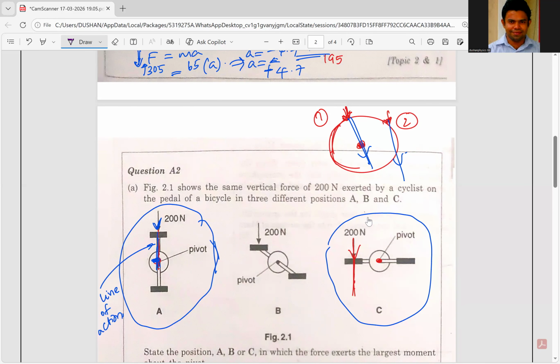Okay, sir. Okay. Now I'm asking a simple question. What is the distance from the pivot point to the line of action in figure A?